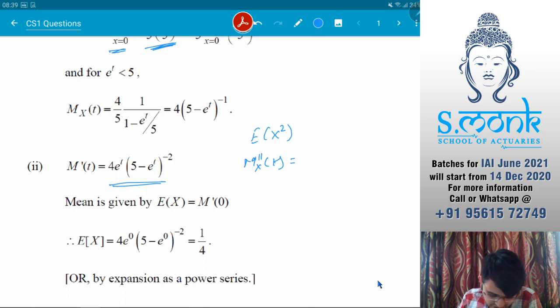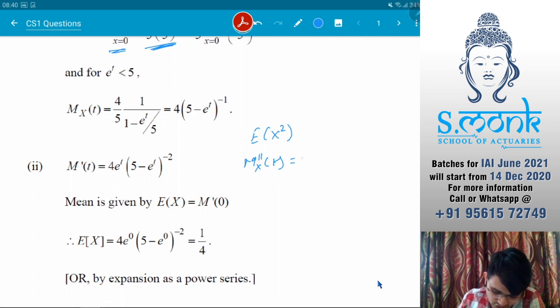In this case you will have to use your u by v formula, and it will be very lengthy to differentiate this. But if you are trying to find variance, taking cxt, the cumulant generating function, would be a little bit easier, and differentiating those values would be a little bit easier.